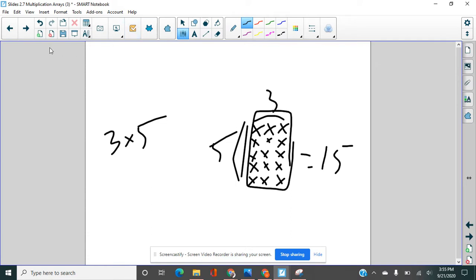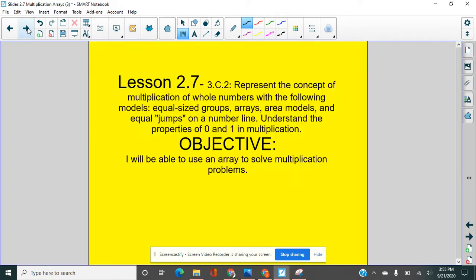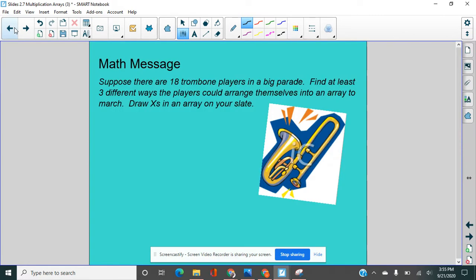So your job here, you have our math message problem here today. And it says, suppose there are 18 trombone players in a big parade. Find at least 3 different ways the players could arrange themselves into an array to march. Draw X's in an array on your slate.